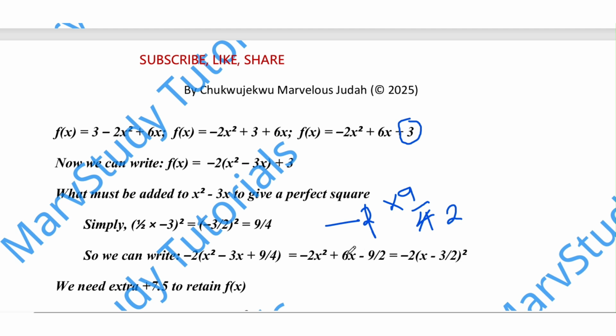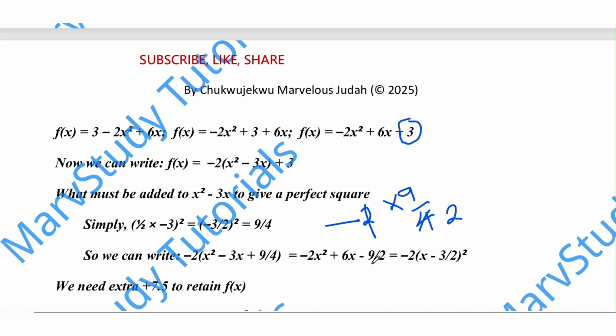So moving on with that, we can now write it in the completed square form. That's negative 2 bracket x negative 3 over 2, all squared, right? But remember, we have to respect this. There's a positive 3. It's negative 2x squared plus 6x plus 3. And you're expected to know that negative 9 over 2 is the same thing as negative 4.5.